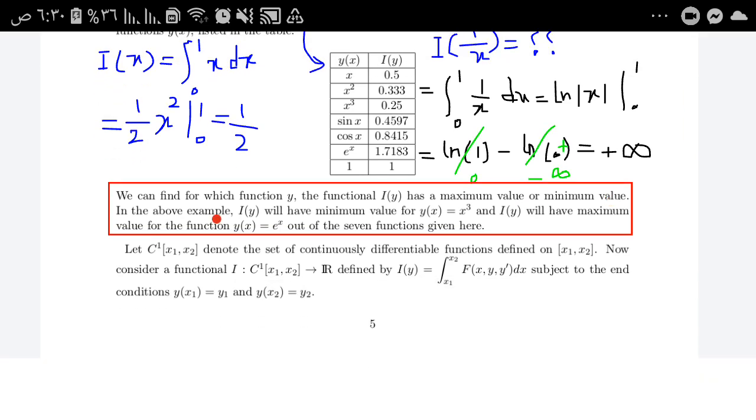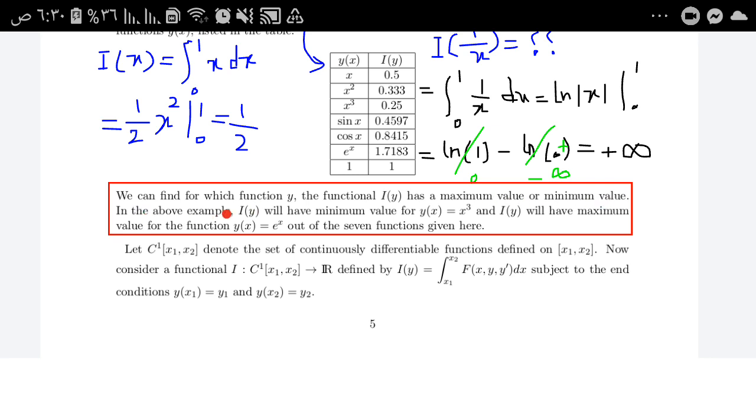We can find not for which number, for which function. Not for which value, for which one function y the functional I(y) has a maximum value or minimum value.